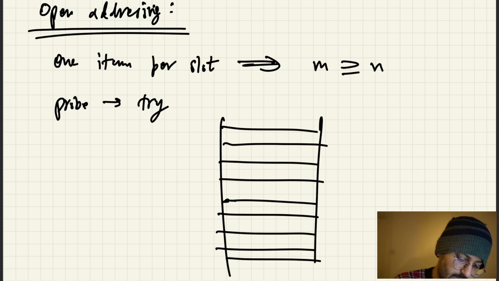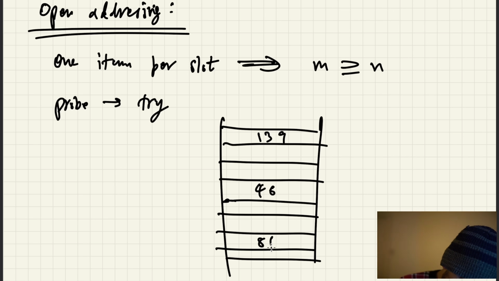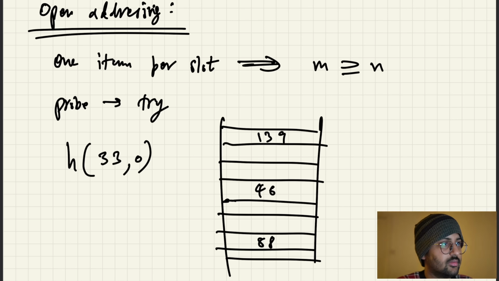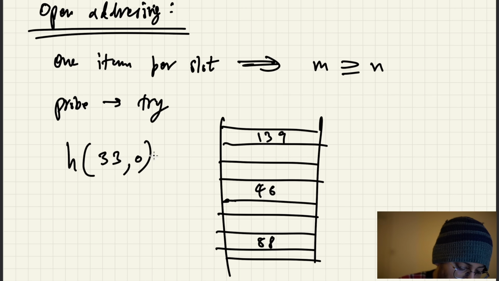It has some items already, 139, 46, 88, and I want to insert 33. I find the hash value at the first try, the 0th try, and let's say this points me to this index.